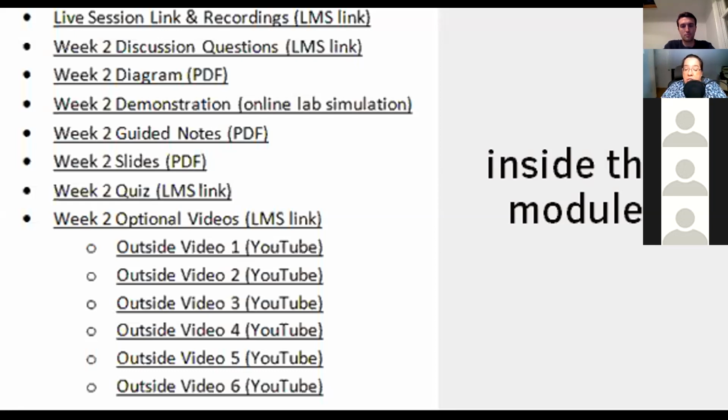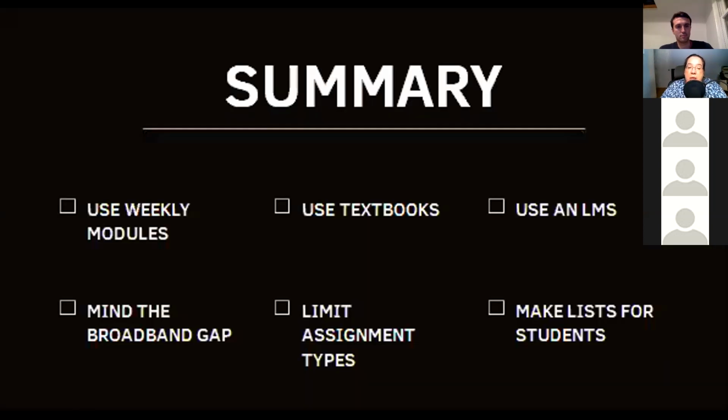If possible, consider auto-releasing encouraging notes when students finish assignments. Inside a module, students should work their way from top to bottom, finishing the week with an assessment on Friday. So, 6 things. Use a weekly module, use a textbook, use an LMS, mind your broadband gap, limit assignment types, and make lists for students.